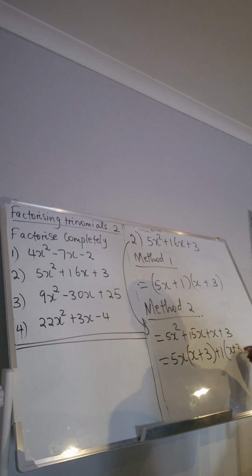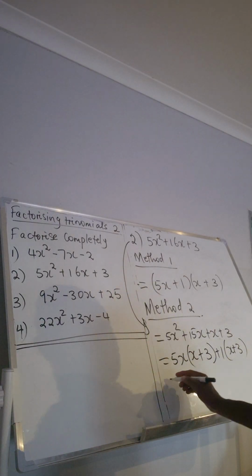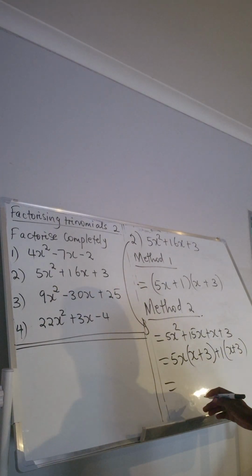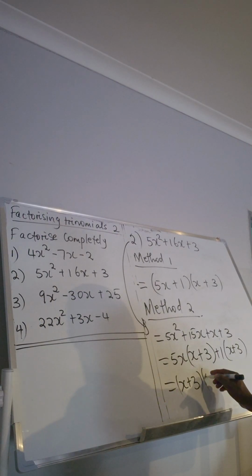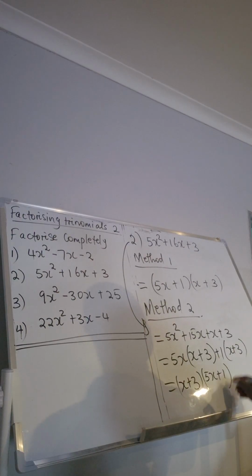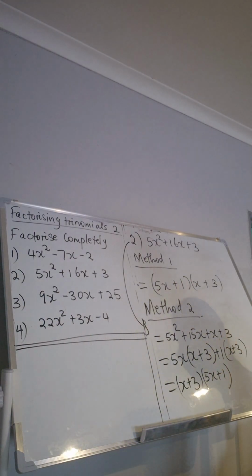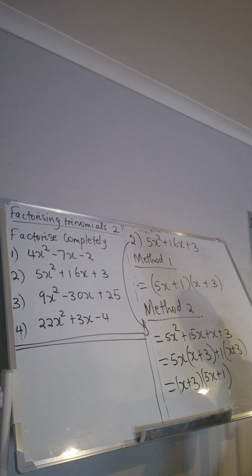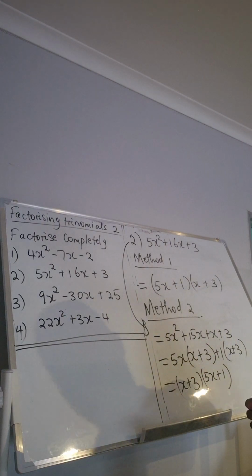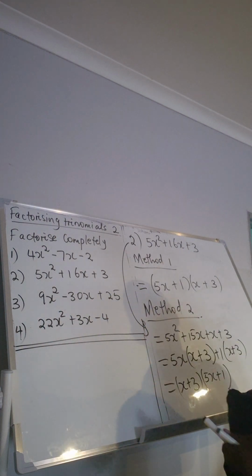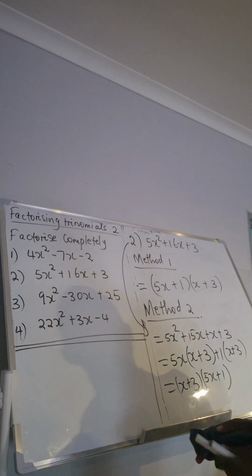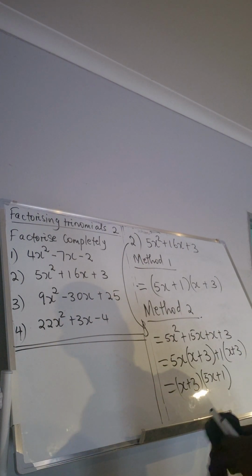Then x plus 3, so there is the highest common factor again, x plus 3. Then you divide, you get 5x plus 1, which is the same as above. So those are the two methods that we can use to factorize the trinomials where a is greater than 1.